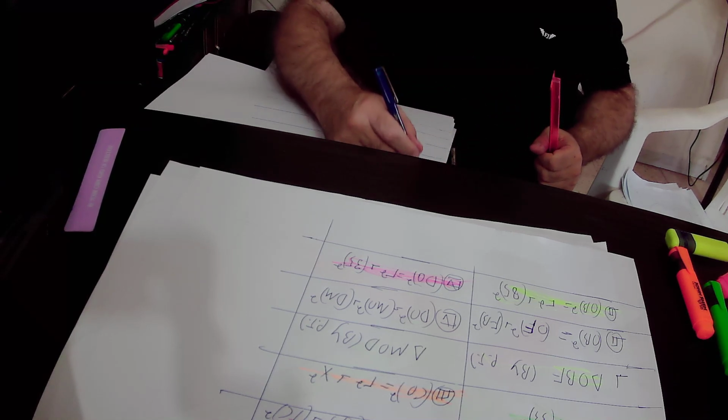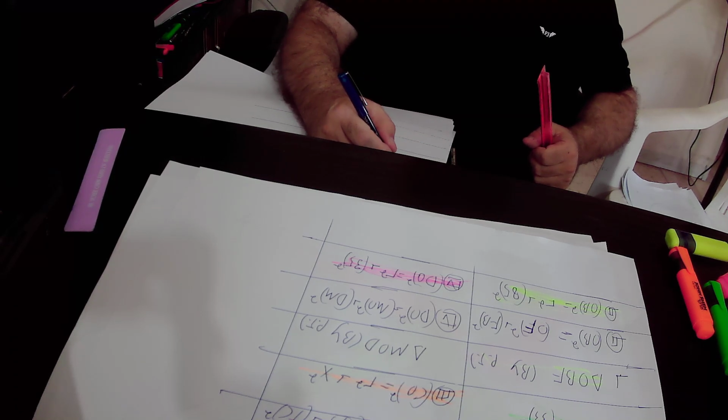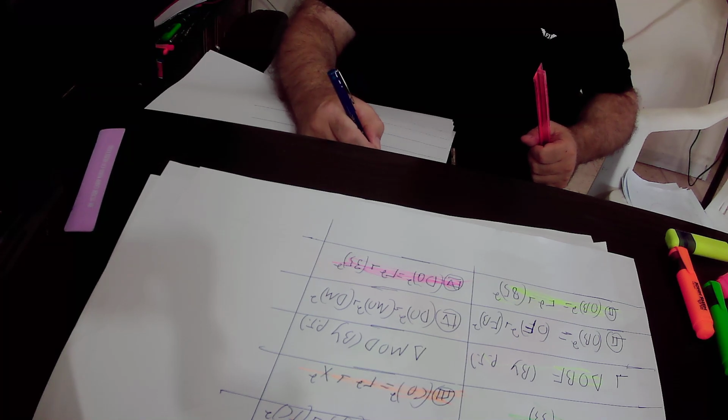And according to equation number 2, we found out that BO squared equals R squared plus 85 squared.